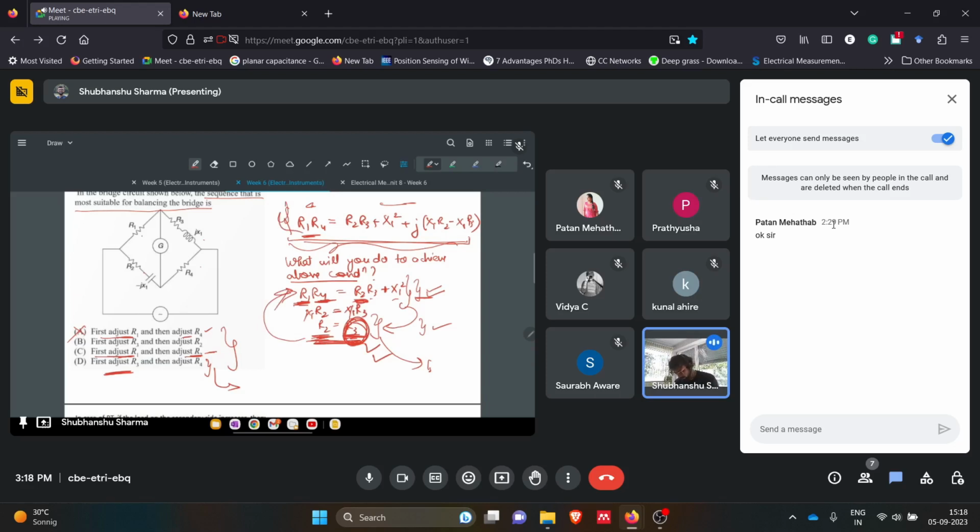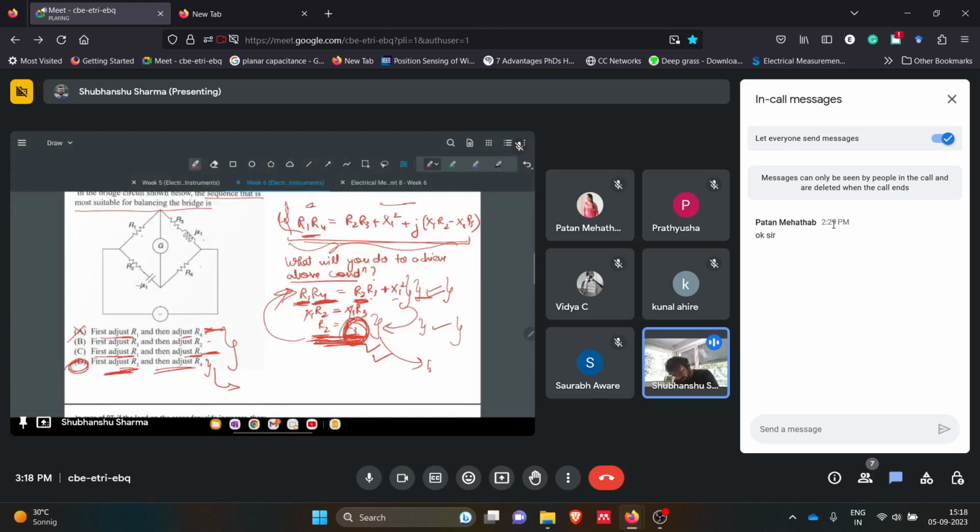In the first option and option C, they were first adjusting the real part, but then the imaginary part adjustment had issues. In this option D, we first adjust R3 and then adjust R4.